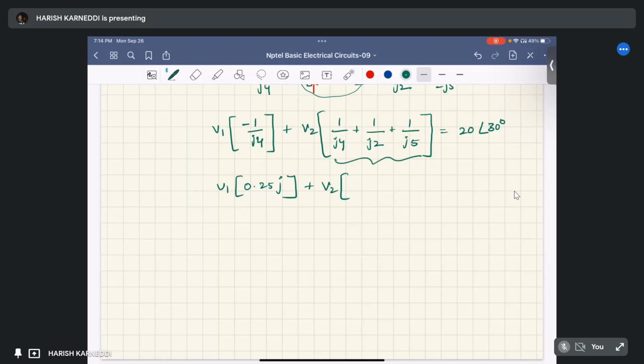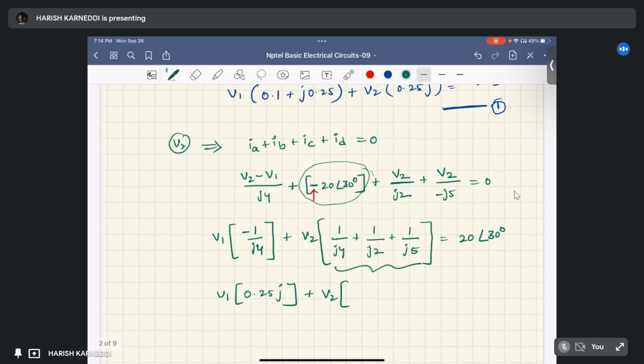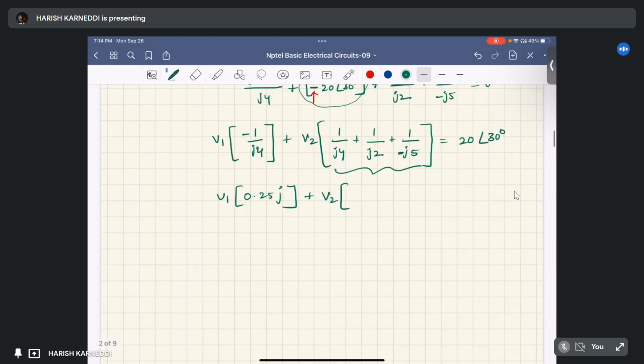We can use a scientific calculator: 1 by 4J plus 1 by 2J plus 1 by minus 5J, which is equal to minus 0.55 J, equal to 20 at an angle of 30 degrees. This is the KCL equation at node 2. We can consider it as equation 2.